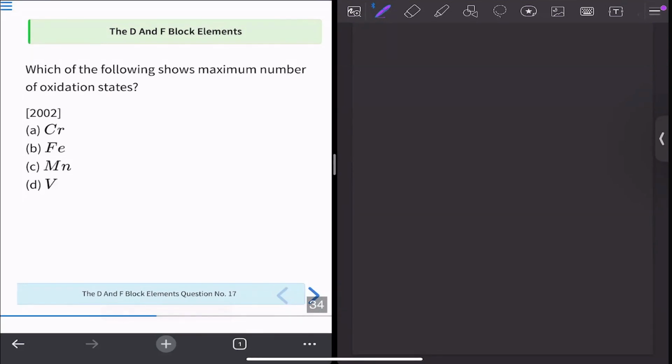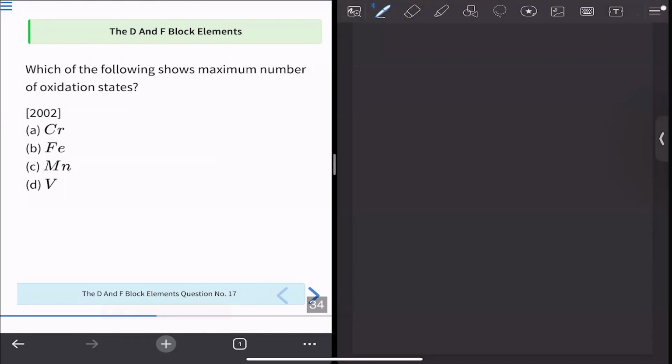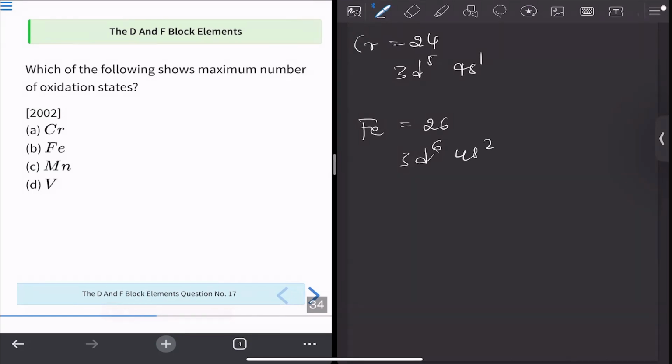Next, which one of the following shows maximum number of oxidation states? Maximum number of oxidation states is a CR. Here it will be having 24, 3d5 4s1 configuration. Fe, which is 26, that is 3d6 4s2 configuration.